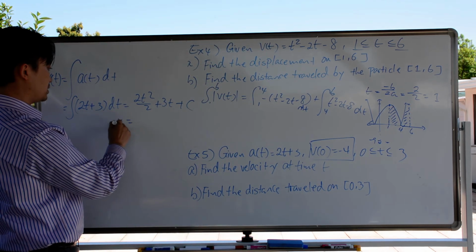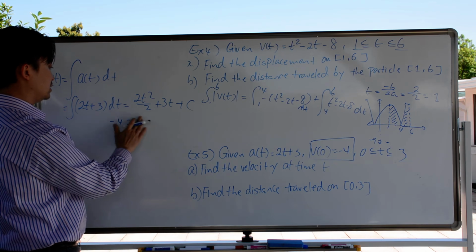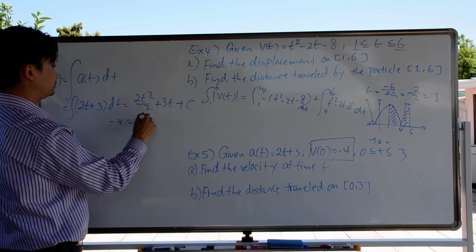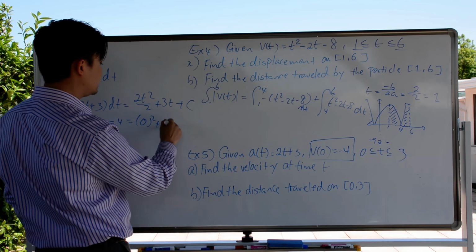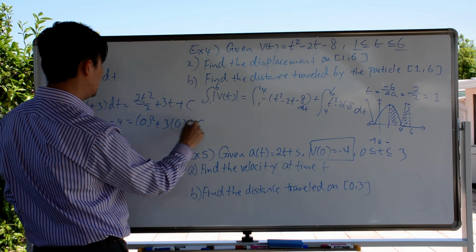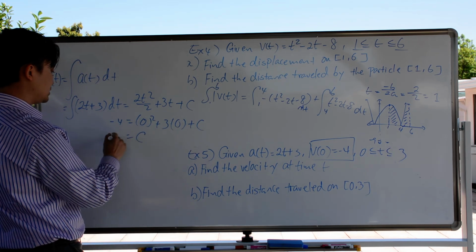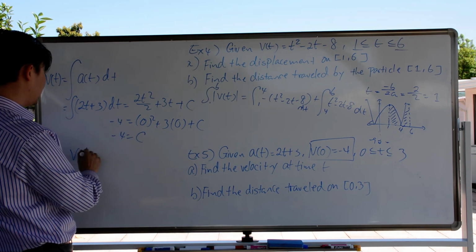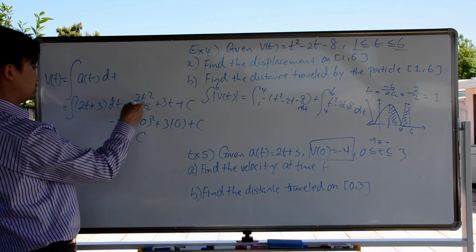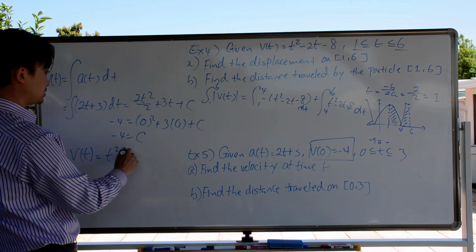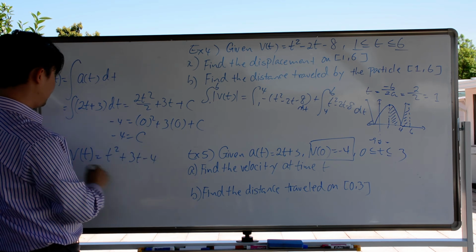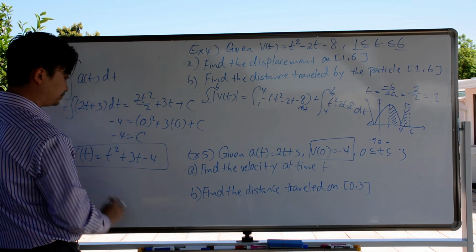Negative 4 equals 0 squared plus 3 times 0 plus c. So the value of c is negative 4. So v of t is t squared plus 3t minus 4. That's the velocity for A.